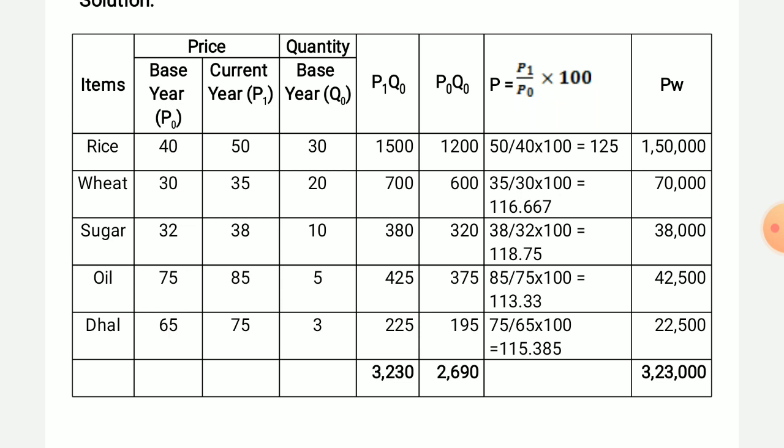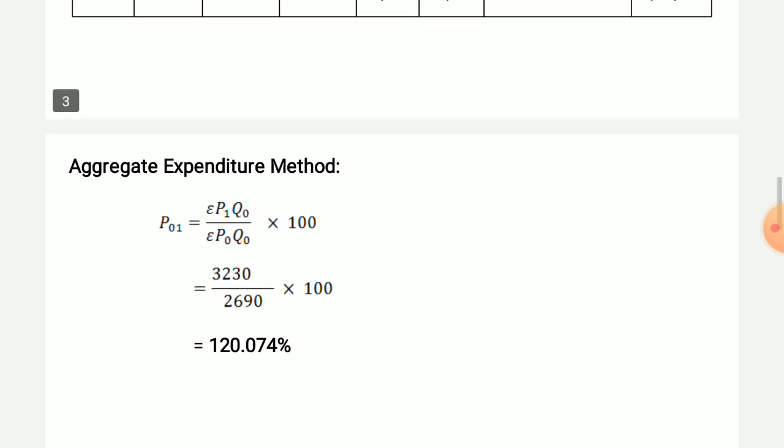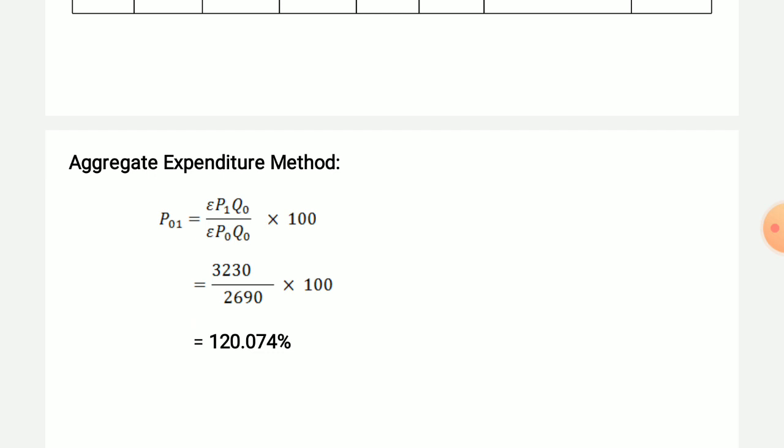So P01 is equal to sigma P1Q0 divided by sigma P0Q0, or you can apply another formula, sigma PW divided by sigma W, means 3,23,000 divided by 2,690. So aggregate expenditure method P01 is equal to sigma P1Q0 divided by sigma P0Q0 into 100.